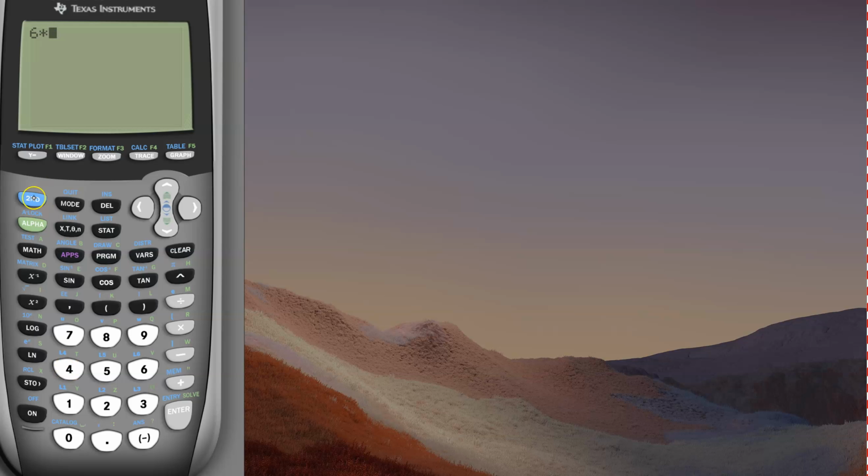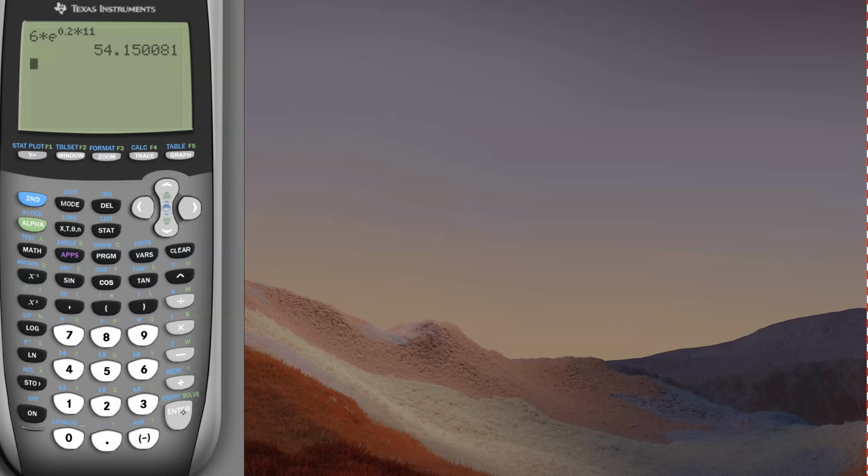So we are going to need to press the second blue button and then press the ln, and that will give us e to some power. And then we want our power to be 0.2 times 11. And we want to make sure that 0.2 times 11 is all in the exponent, which it is. And then I'm going to press enter.